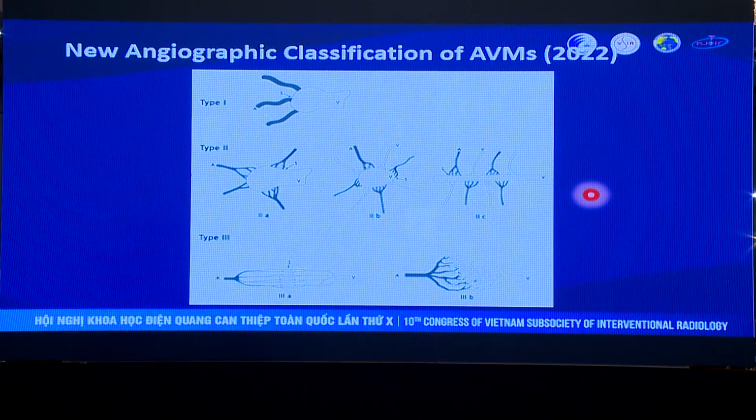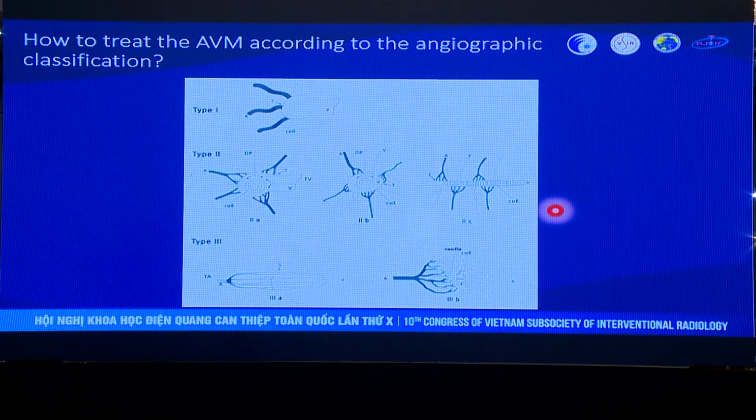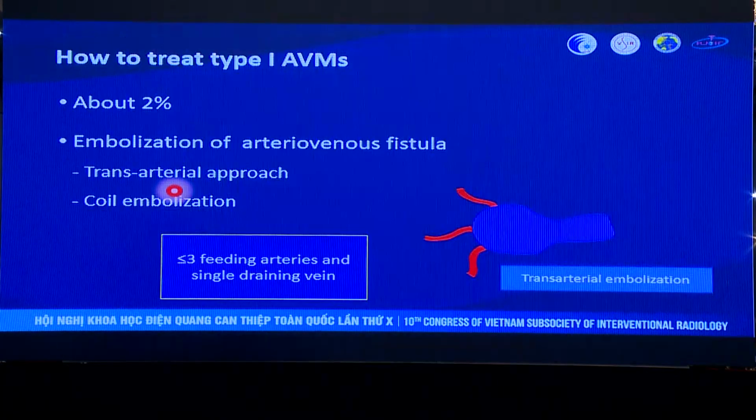This is a recent version, and he sub-classified the type 2 AVM. And this picture shows how to treat the AVM according to the angiographic classification. We will see how to treat the AVM according to the type.